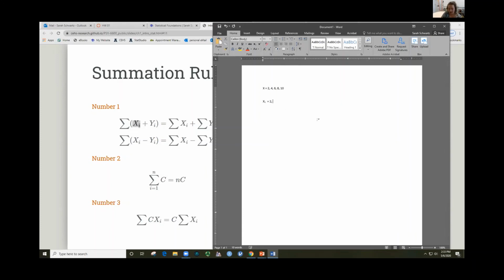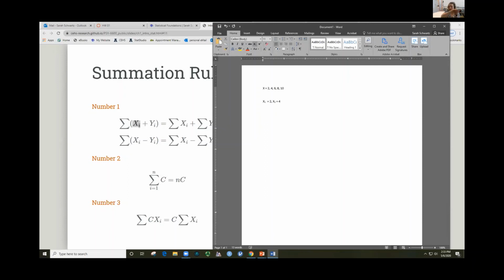Then the second number in the x list, x sub 2, is 4. So the little subscript number tells you the place in the list.